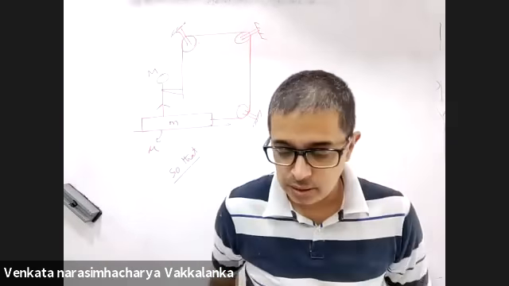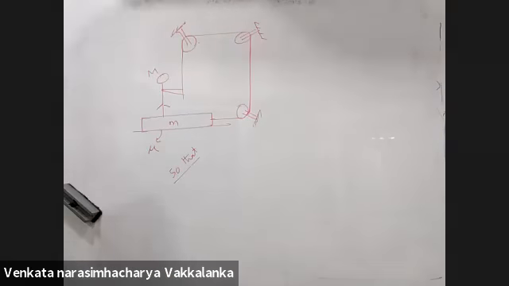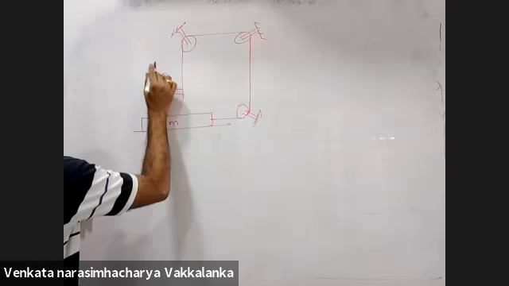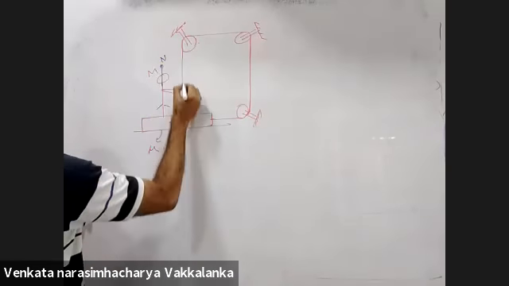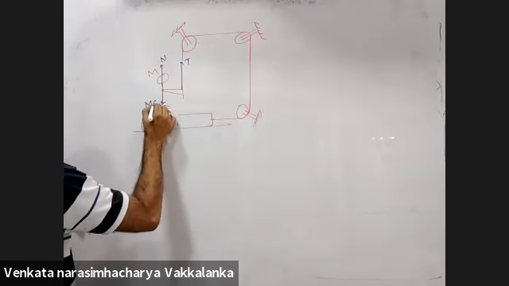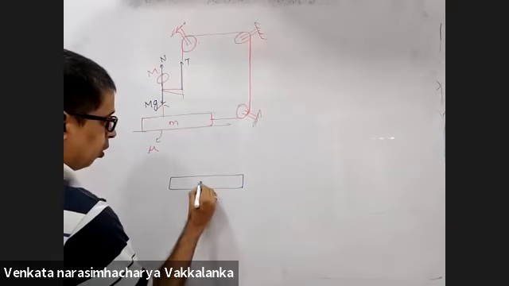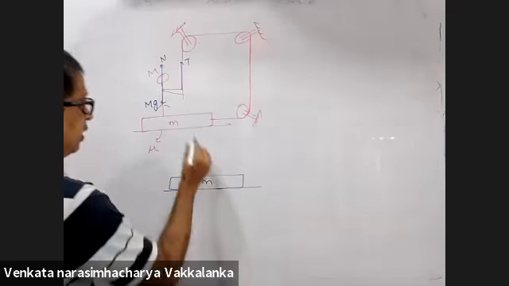Quite a few of you are typing your answers. Quite a few of you are correct. Listen, when you draw the free body diagram on the man, this will be normal force and this will be T. This will be capital Mg. Free body diagram of small m I'm drawing, look carefully.